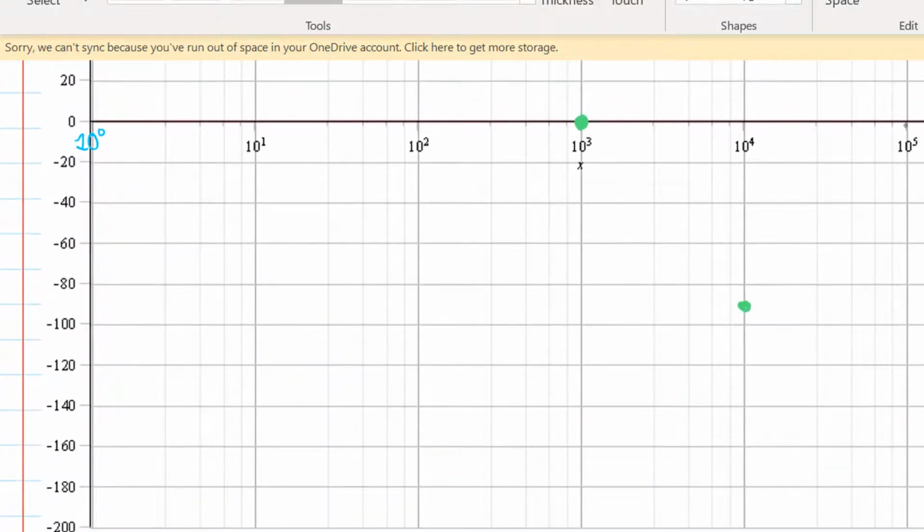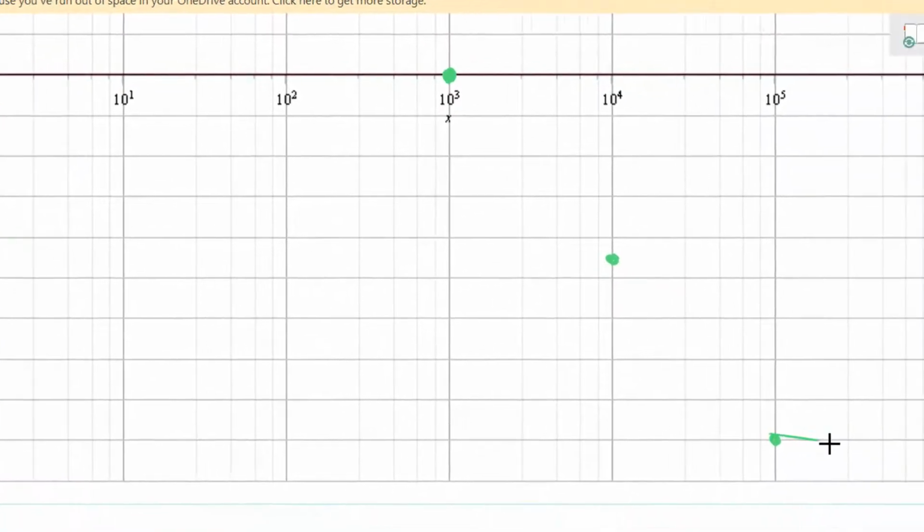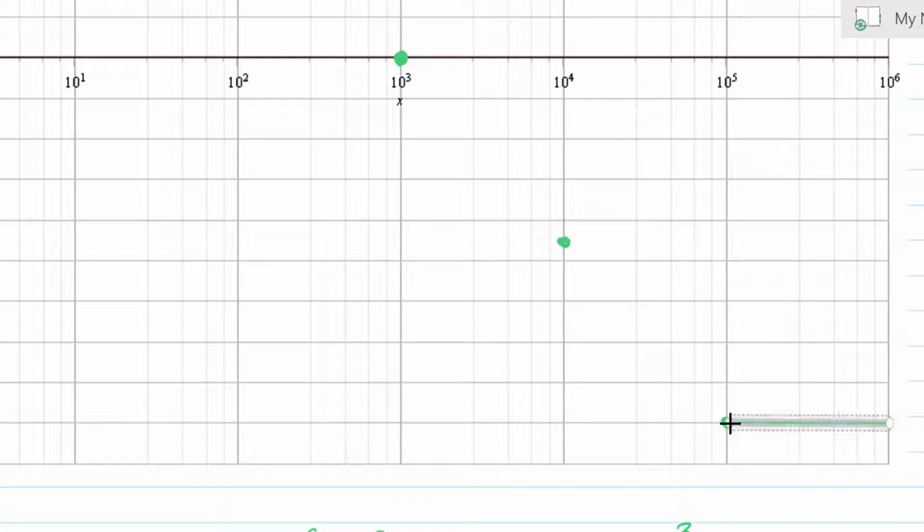So by the time we get to 10 to the fifth, we want to be at negative 180. Then it's just going to stay negative 180. Then I'm going to join those 3 dots. And then before it got to the first dot, it was 0.